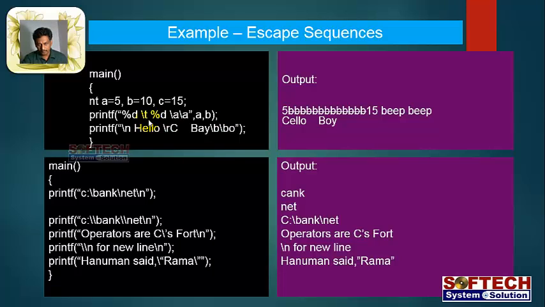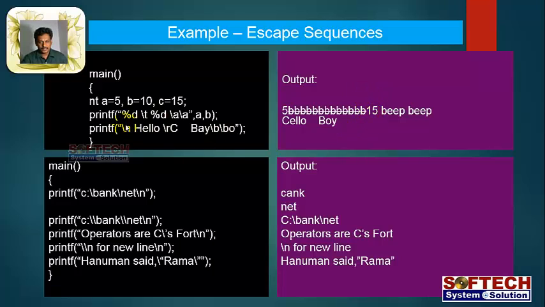If we give \t \t \t, it displays 5, then skips 2 zones of 16 each, totally 32, so it displays the next value at position 33.